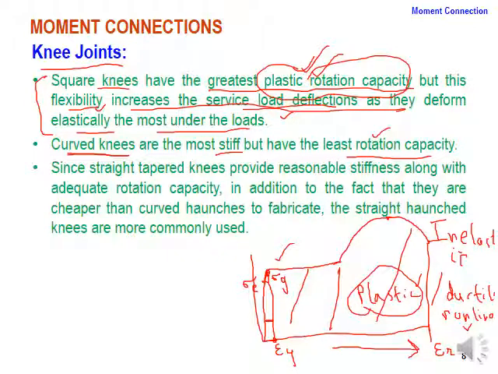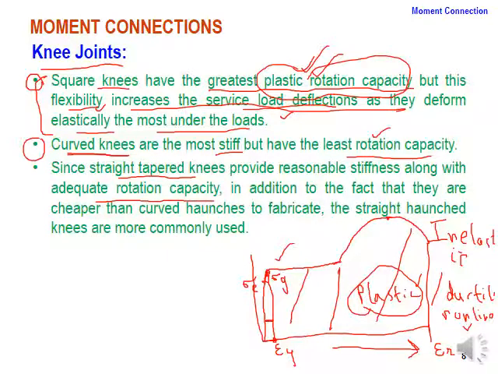With respect to the plastic rotation capacity, you can take two extremes. Square knees are at one extreme, where you get the maximum plastic rotation capacity, and curved knees are at the other extreme, where you get the least. The straight tapered knees, meaning haunched knees, provide reasonable stiffness along with adequate rotation capacity.